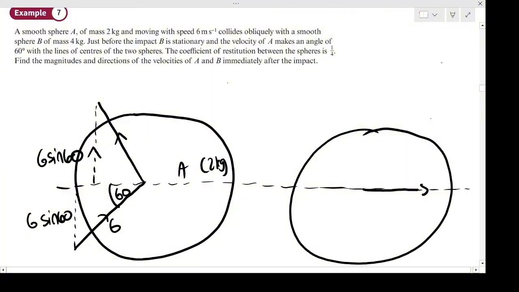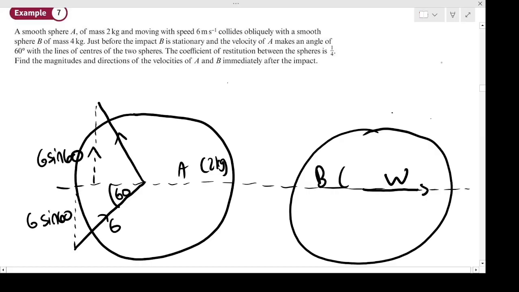There's no perpendicular or vertical component to the line of centre, because if initially there's no perpendicular component, it will remain to have no perpendicular component. So I'm just going to call that speed W. So that's the speed for B afterwards. So B, there we are.